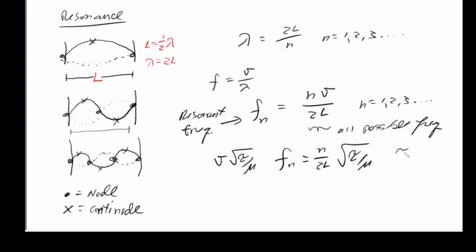So again, tau is the tension in the string, and mu is the linear density. And in this case, n is equal to the harmonic number.